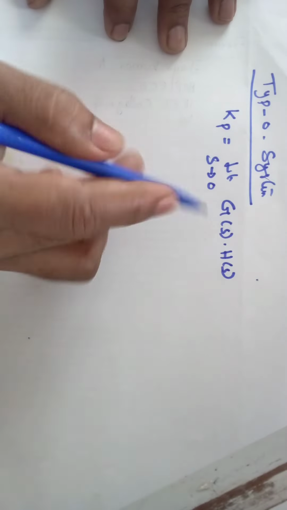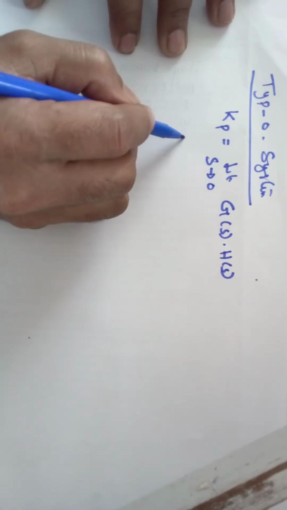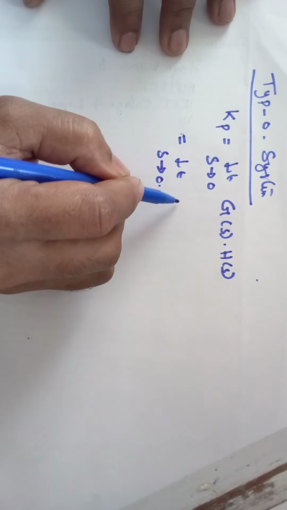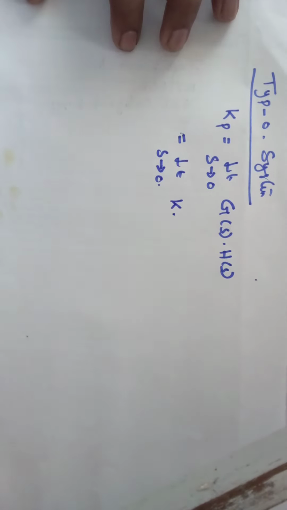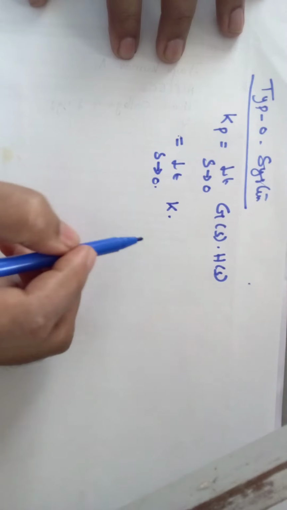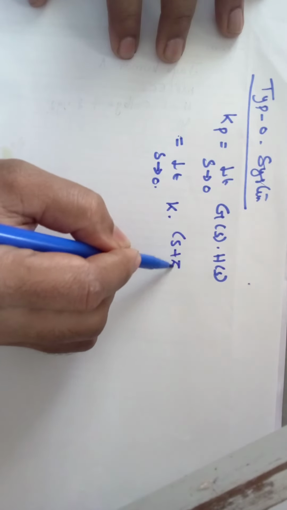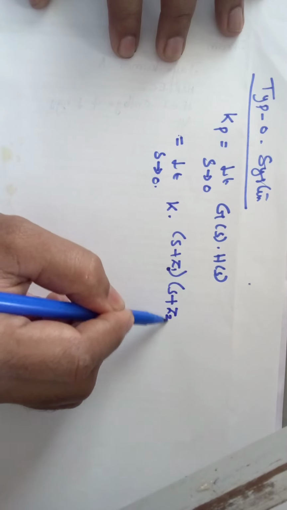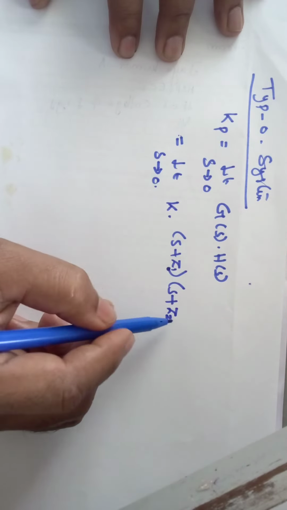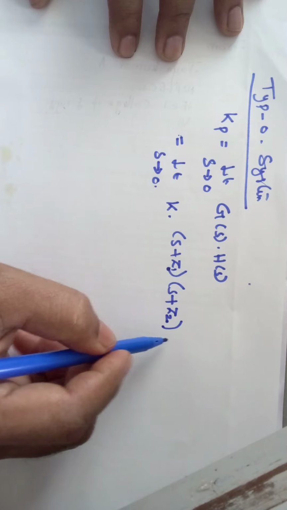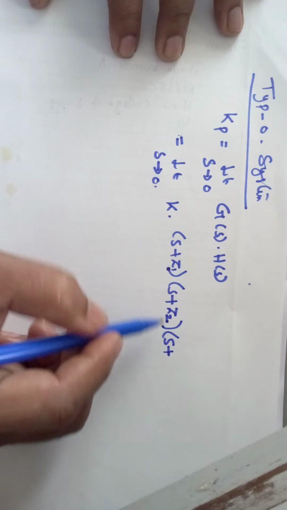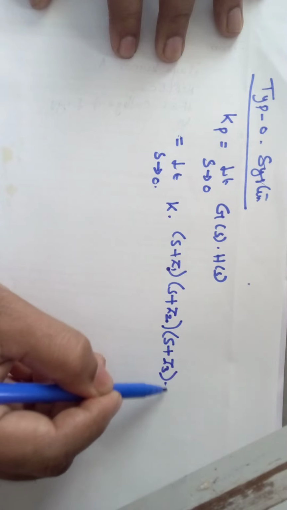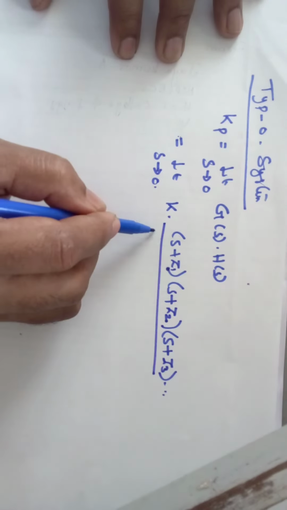Understood? Now we can write this as limit s tends to 0 of K into, G(s) can be written as K into (s plus z1), the first zero, into (s plus z2), numerator polynomial by denominator polynomial. So this will have the standard form (s plus z1) into (s plus z2) into (s plus z3) etc., divided by the poles.